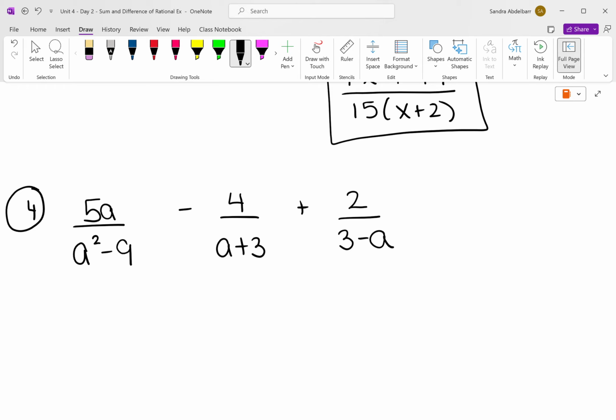Okay, do we all agree the common denominator is what we need to create? In order to create a common denominator, what did I tell you to do to all of the denominators if possible? Factor. So let's go through and factor.